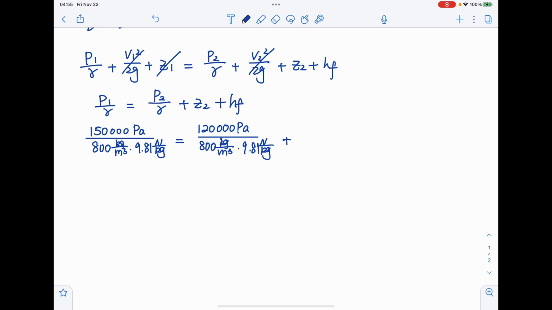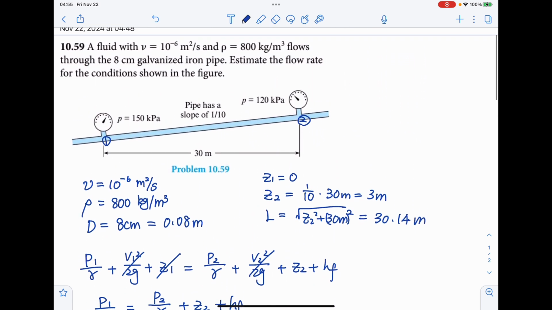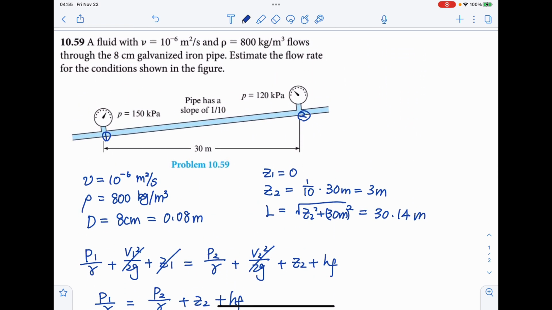And Z2 is 3 meters. If we do the calculation here, the head loss is 0.823 meters.